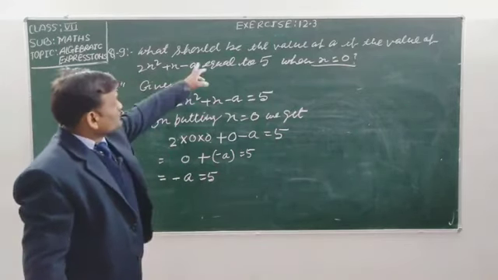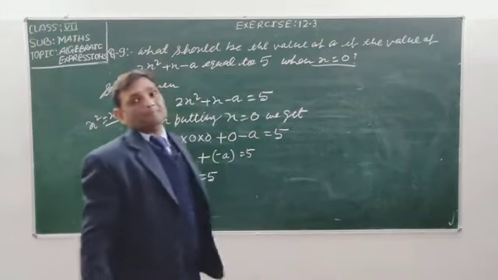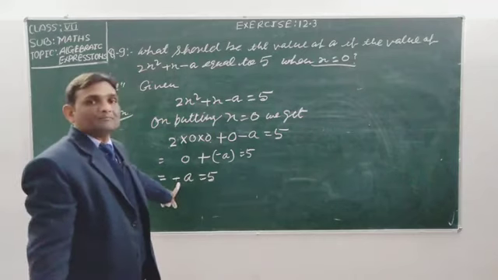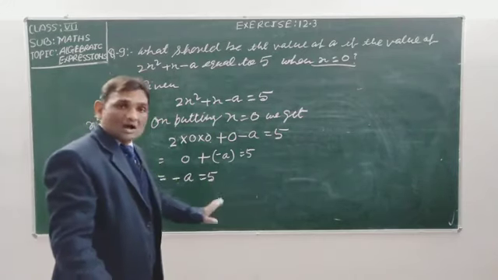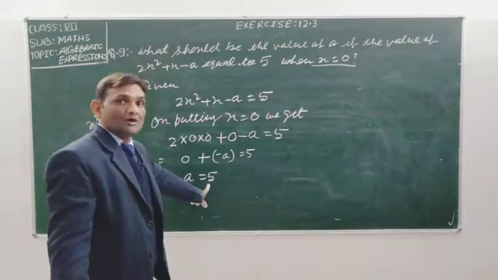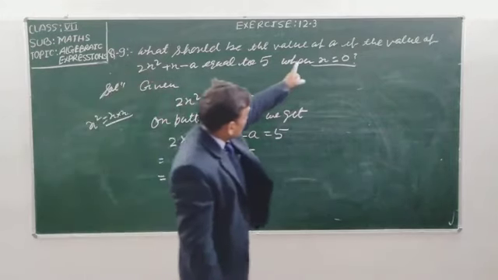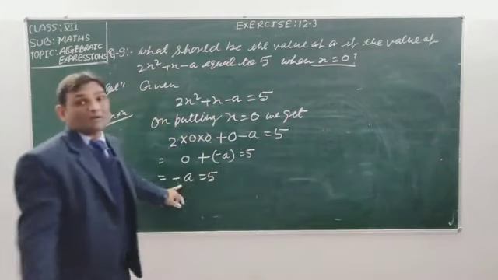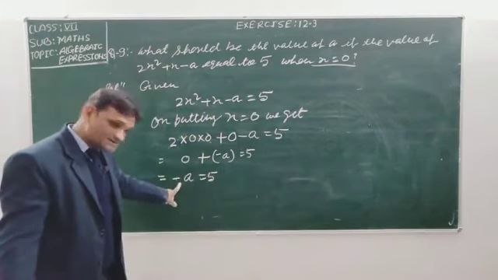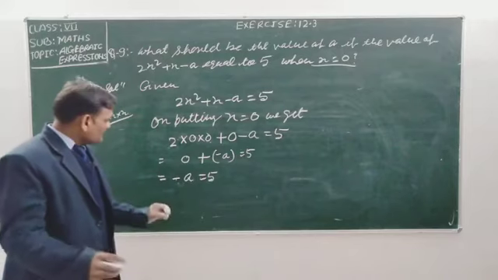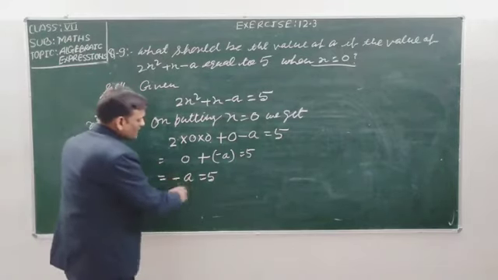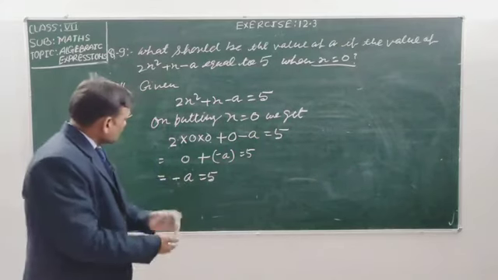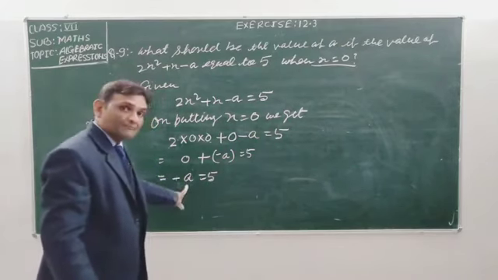But student, the question is asking you the value of a, not minus a. You are finding the value of minus a. Minus a is equal to 5, not a is equal to 5. So how can we find out the value of a? This is the value of minus a. If we make the sign of a positive, we will be able to get the value of a. How can we make it positive?